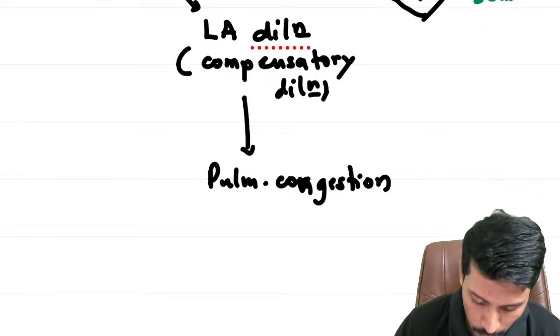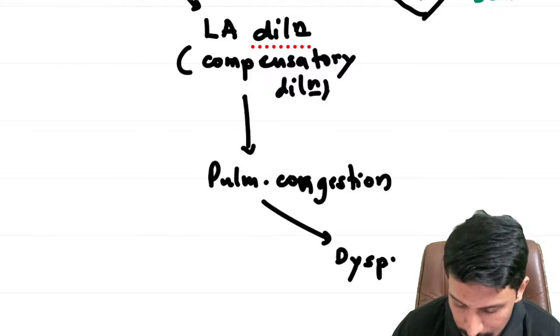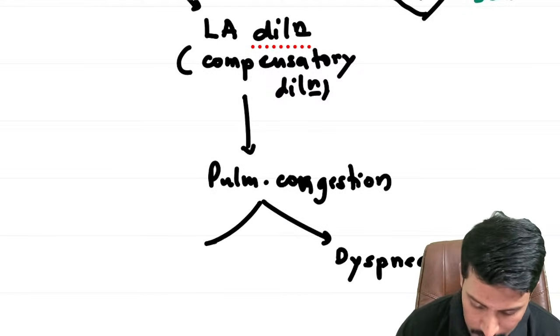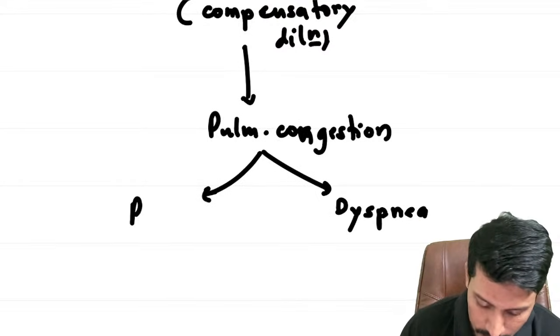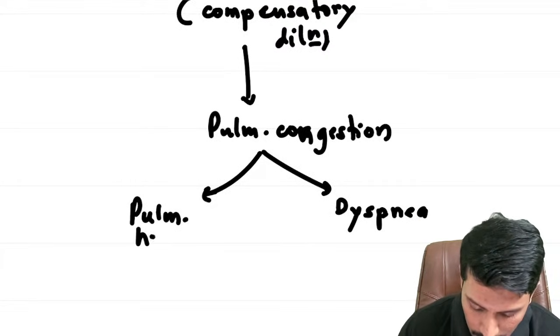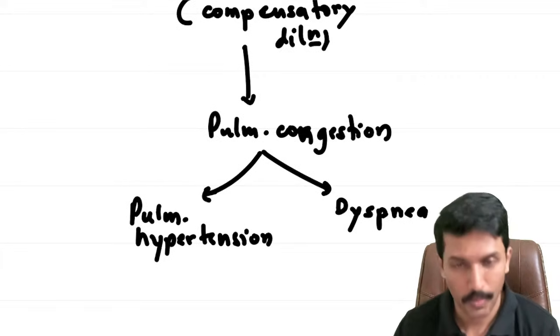And from the pulmonary congestion, I will expect development of dyspnea. And pulmonary congestion will also lead to an increase in the pulmonary artery pressure one day, and that will result in pulmonary hypertension.